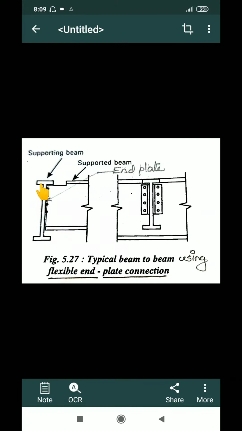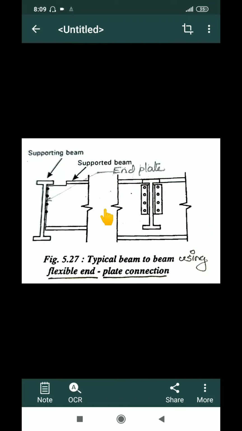Suppose this is a beam, then at the end of this beam there will be an end plate which is exactly of this dimension, which is prefabricated.